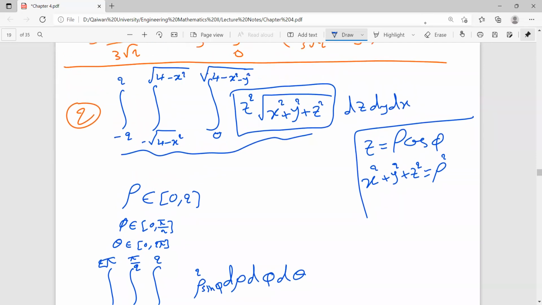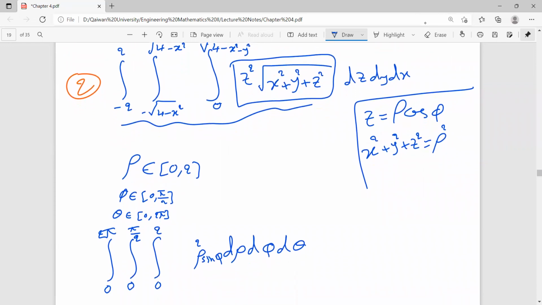And here we have z squared times the square root of x squared plus y squared plus z squared. Here, x squared plus y squared plus z squared equals rho squared, and the square root of rho squared is rho. So we have rho. And for z squared, we say z equals rho cosine phi.